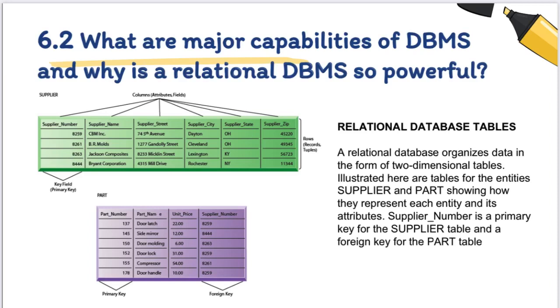So we can see the key field, primary key, supplier number. In the supplier table, the purple table, and the part table, the supplier number is the foreign key, so it will connect the tables to each other.